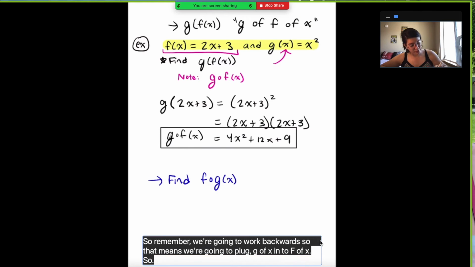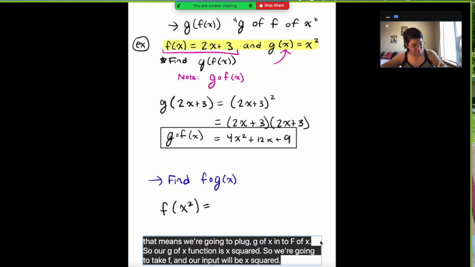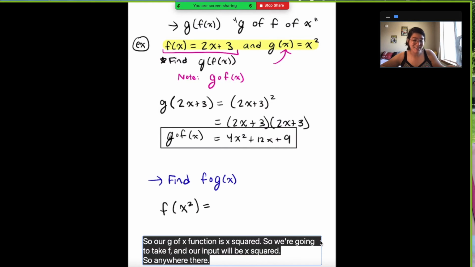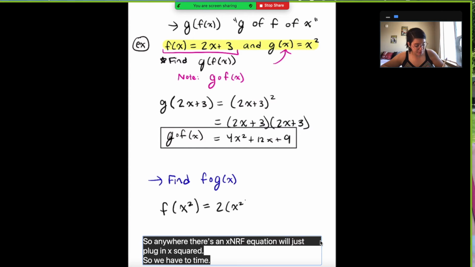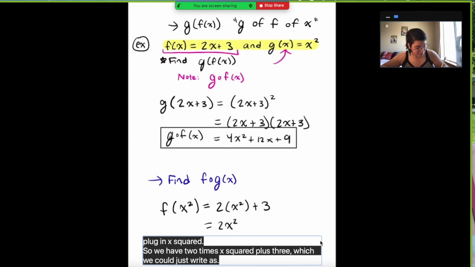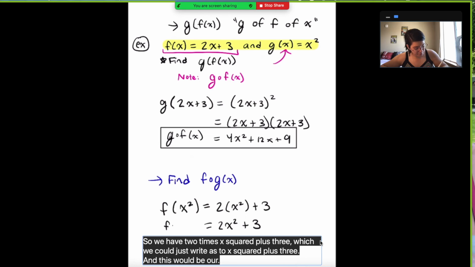Our g of x function is x squared, so we're going to take f, and our input will be x squared. Anywhere there's an x in our f equation, we'll just plug in x squared. So we have 2 times x squared plus 3, which we could just write as 2x squared plus 3. And this would be our f of g of x.